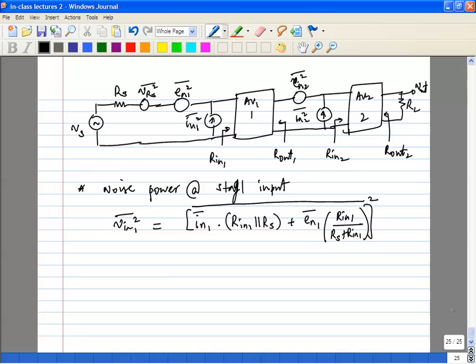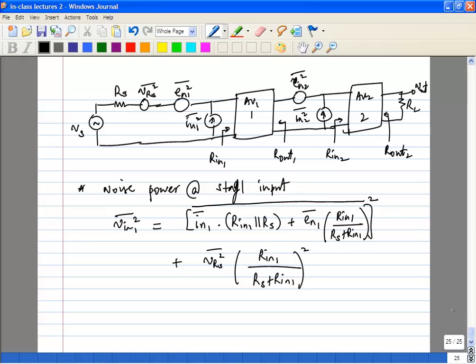That's in case they are correlated. Then you also have a second term. What is the second term? From VRs squared. Okay, that is the noise at the input of stage 1.